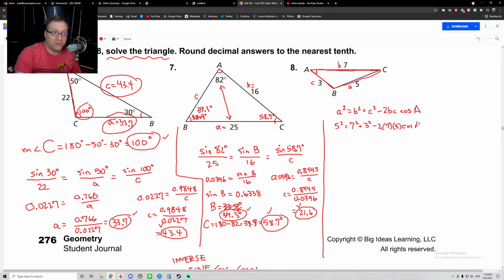But we don't know any angles yet, so we don't know this. But we know all of the other numbers, so we can use this to solve for cosine of A.